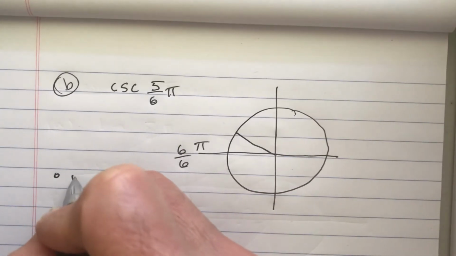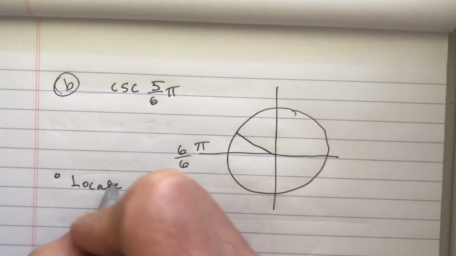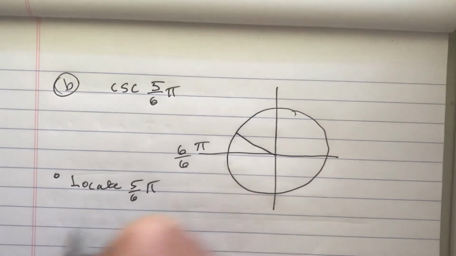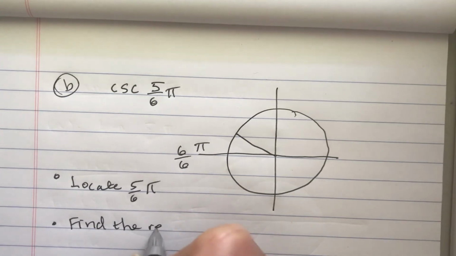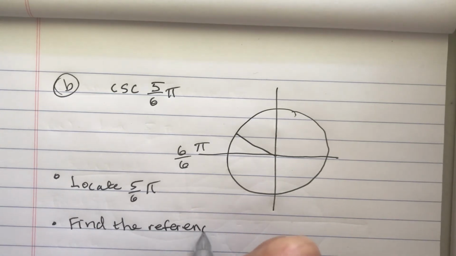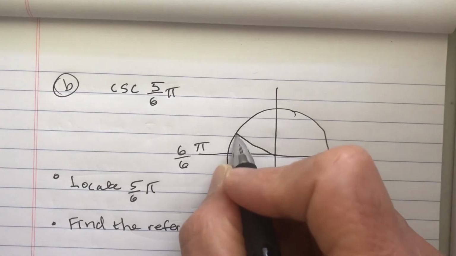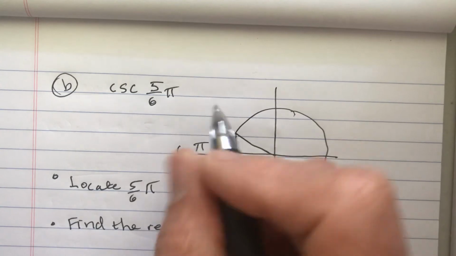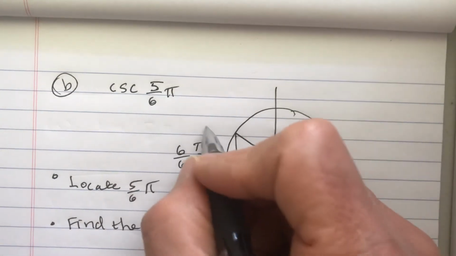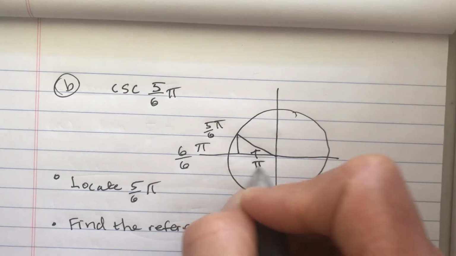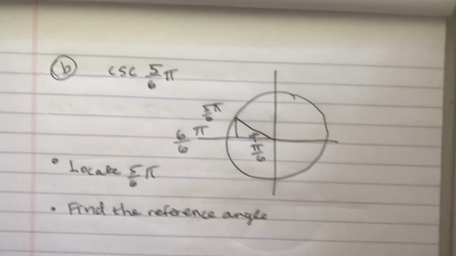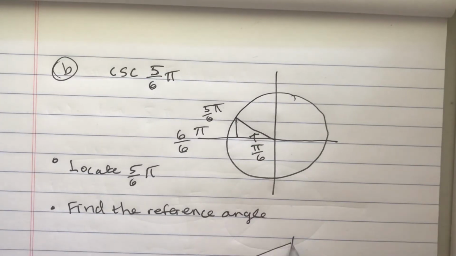So locate 5/6 pi, find the reference angle, and I can really just look at that denominator. Okay, here's 6/6, I back up and you get 5/6. And then I can look at this guy here, that's going to be pi over 6, it has the same denominator there. And then I try to remember what this triangle looks like.